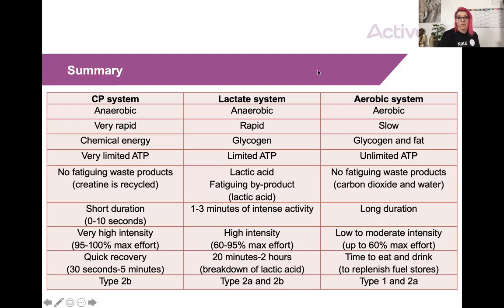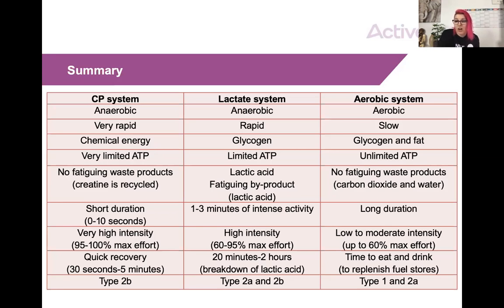If we look at our little summary chart, the aerobic energy system is with oxygen, so it's slower to produce. It takes us longer to get into our aerobic energy system because we have to put everything into the mitochondria to start creating the energy. So it's not as rapid from the offset as creatine or lactate.